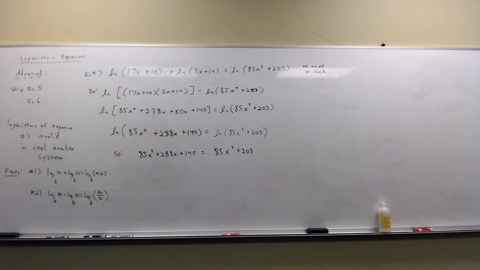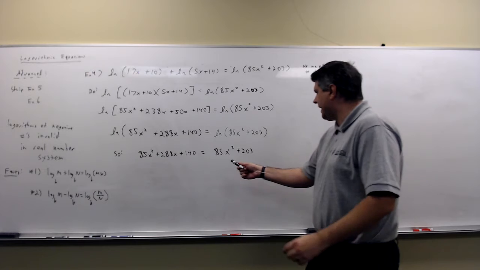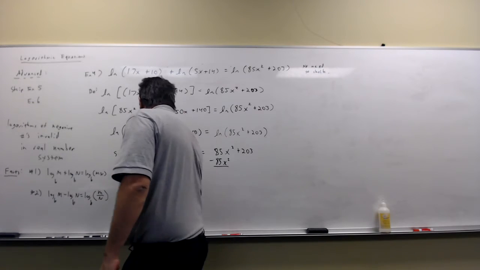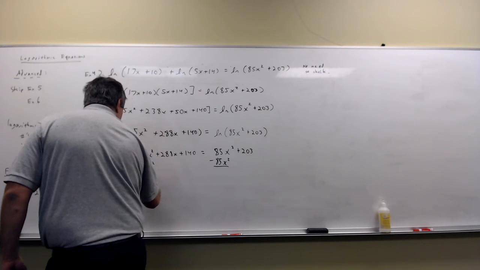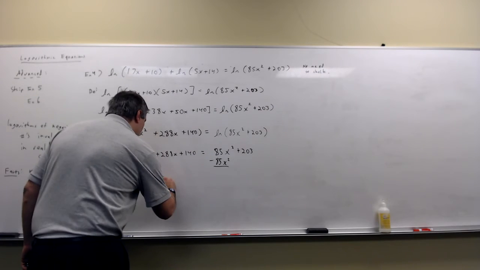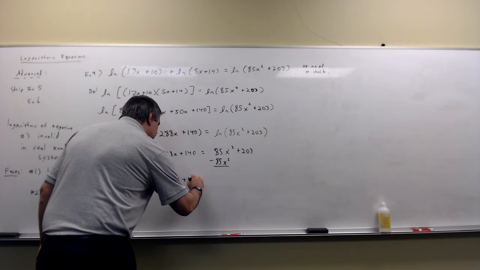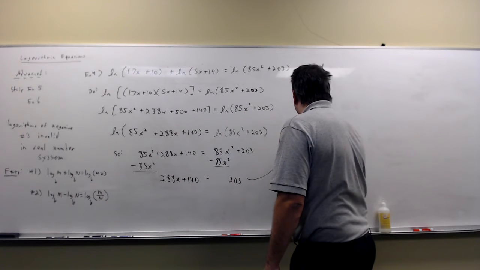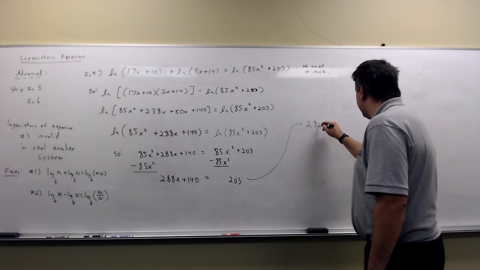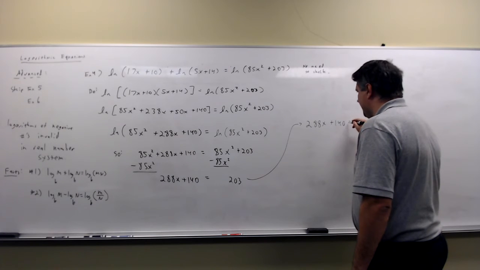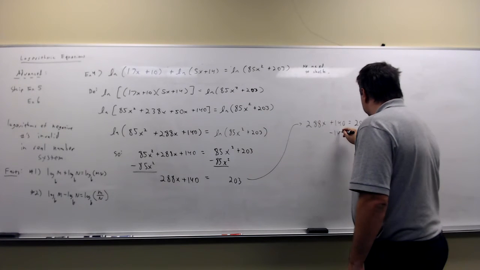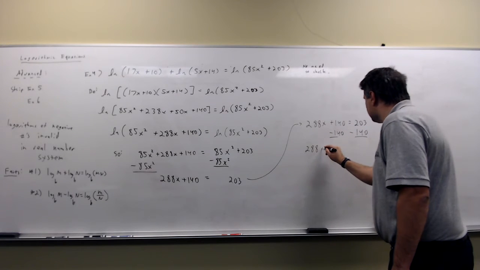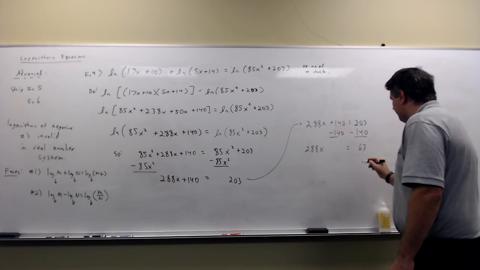Okay, so I'll go ahead and cancel the quadratic term on this side. So we have 288x plus 140 is 203. I'll copy it over here: 288x plus 140 equals 203. Subtract your 140, and 288x equals 63.